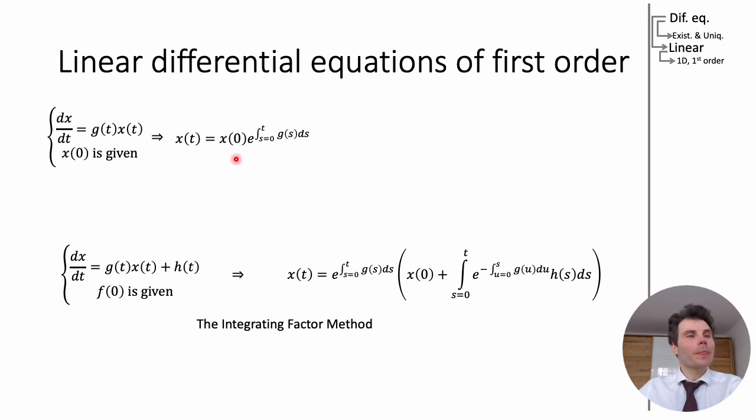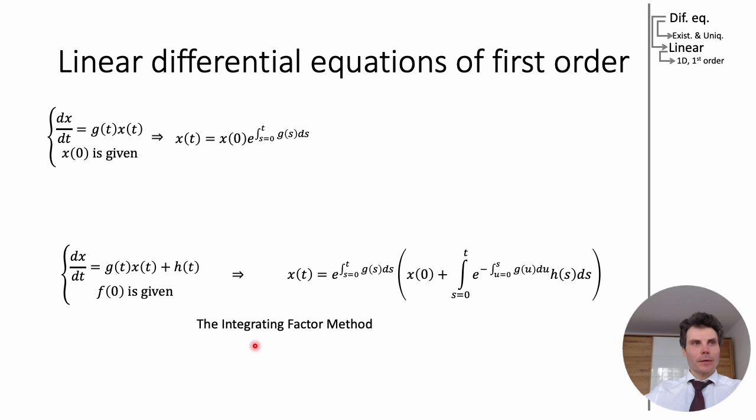That's the solution. Now, what should we do if there is an additional summand in the right-hand part, a summand that depends on t as well? Well, it turns out that a similar formula still holds, but instead of having x of 0 as a multiplier to the exponent, we have to substitute here a variable factor, a variable multiplier.